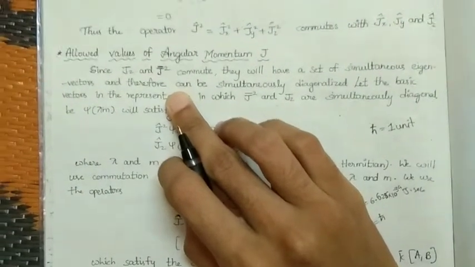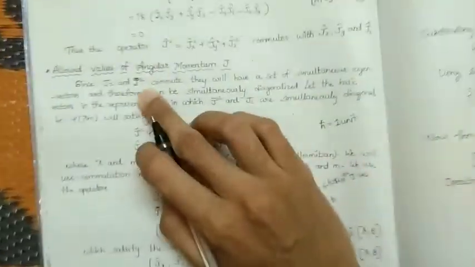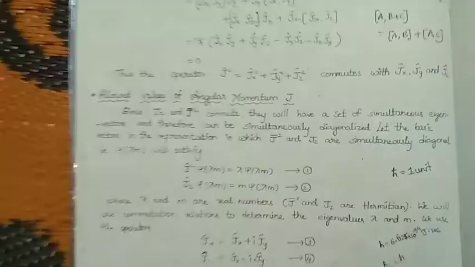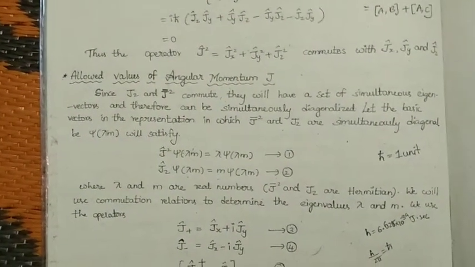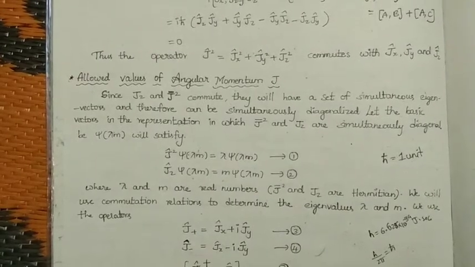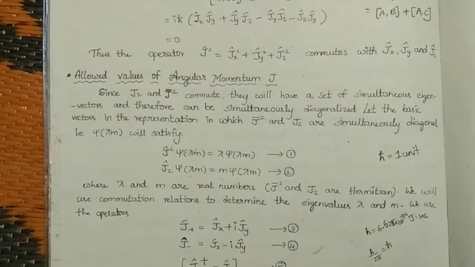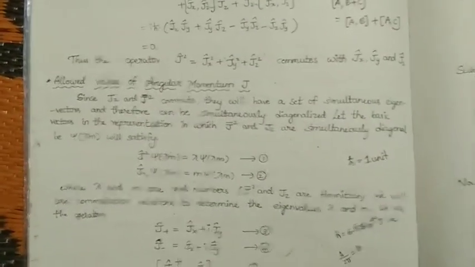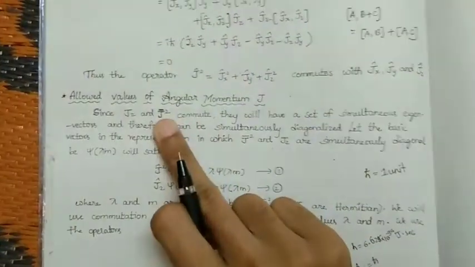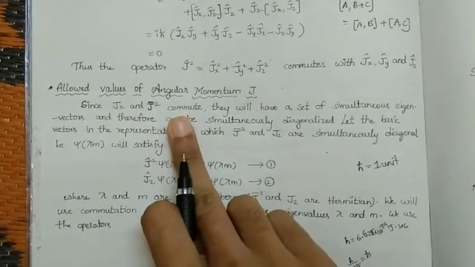diagonalized. As we know from the commutation relations, the commutation of J square and Jz, or of Jz comma J square, is nothing but 0. So J square and Jz commute with each other.